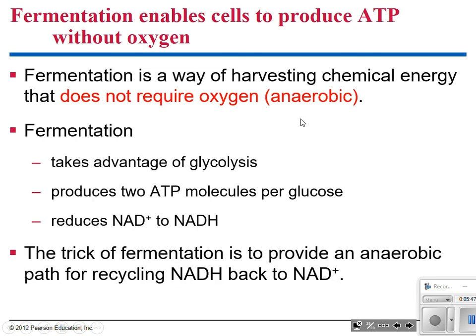The trick of fermentation is to provide an anaerobic recycling of NADH back to NAD+. That is the trick, to provide an anaerobic path for the recycling of NADH.